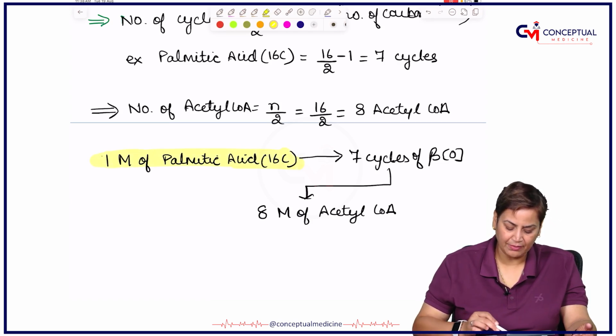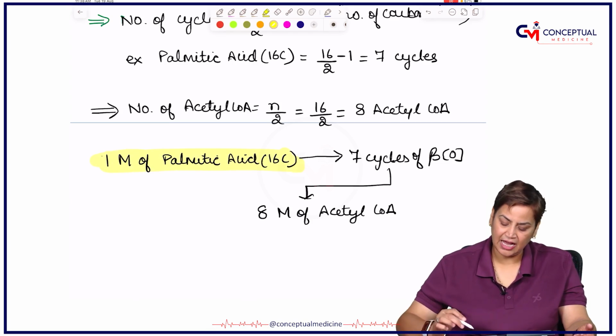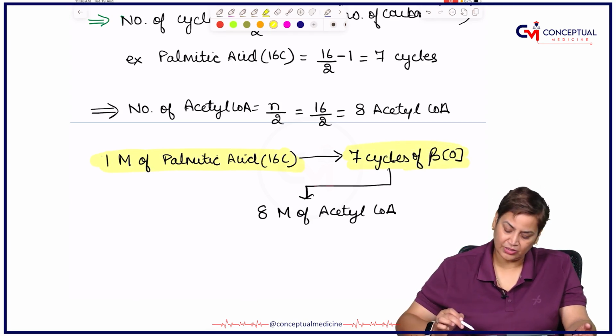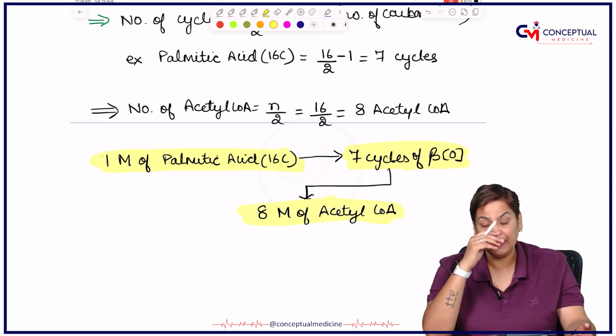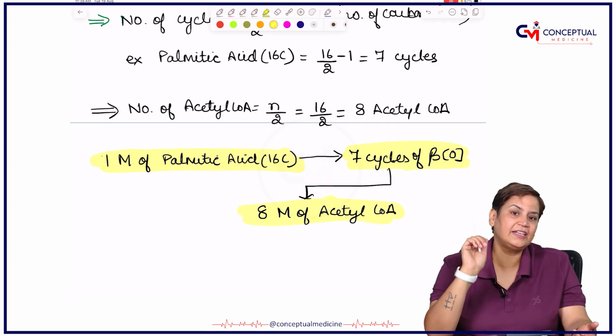One molecule of palmitic acid having 16 carbon atoms will undergo 7 cycles of beta oxidation producing 8 molecules of acetyl coenzyme A. Now the question is, what is the energetics?